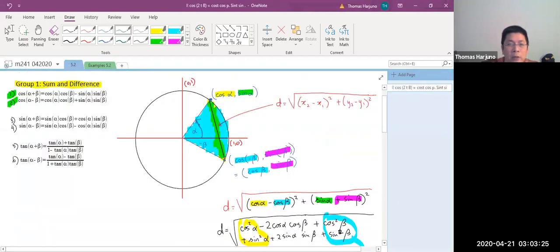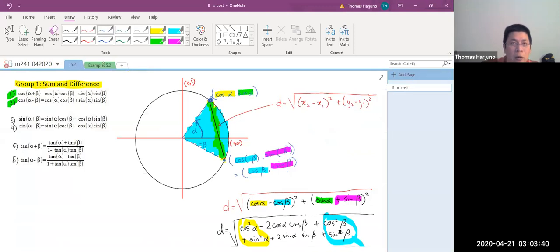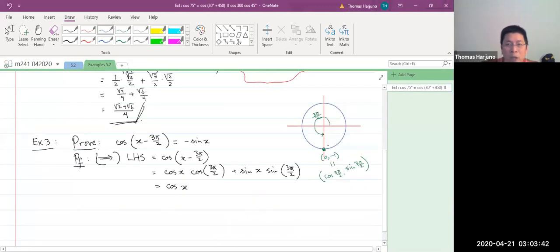If this is alpha, and that circle is a unit circle, then the coordinate of this point here must be cosine alpha, sine alpha. Now go back to our question. If the angle is 3 pi over 2, then the coordinate must be the same as cosine 3 pi over 2, sine 3 pi over 2.